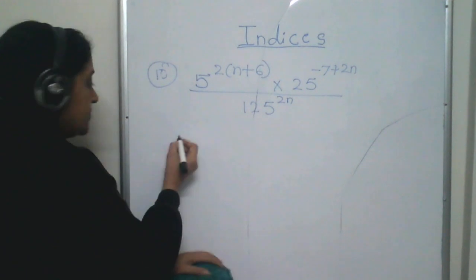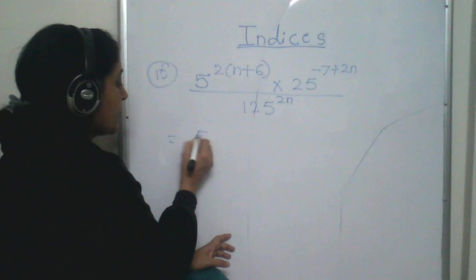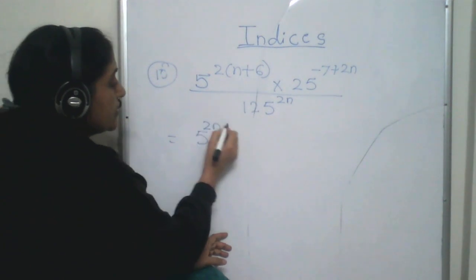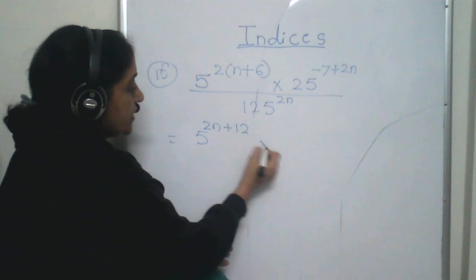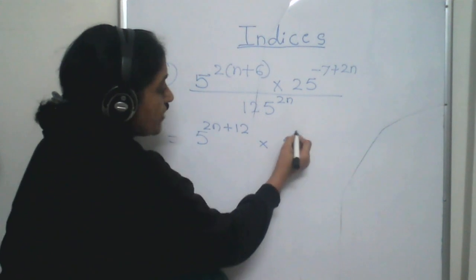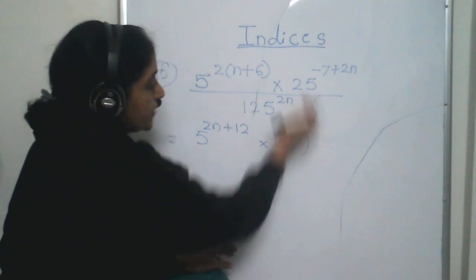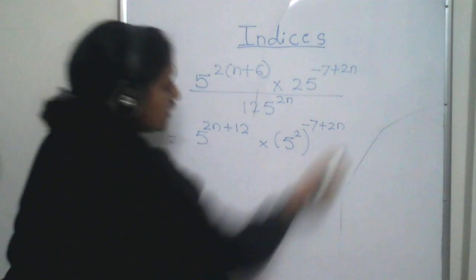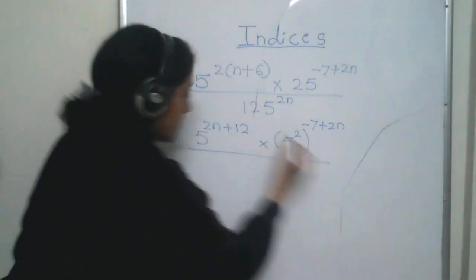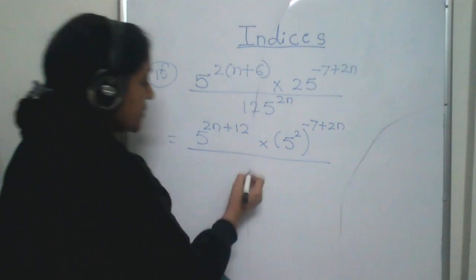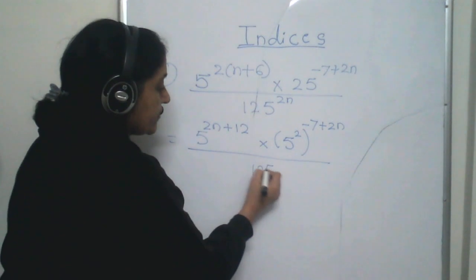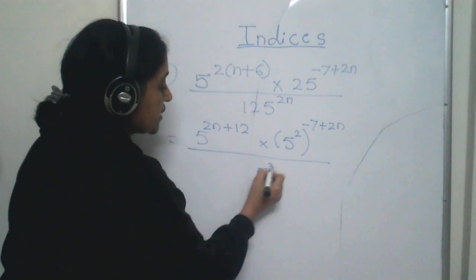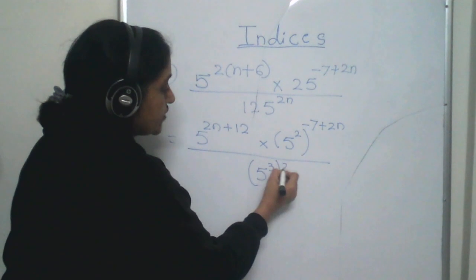What do I mean? Check here. 5 to the power, first you can multiply this inside because it is 2n plus 12, into 5 to the power 2, which is 25, raised to the power minus 7 plus 2n. Now here in the denominator also, first I'll write 125 as 5 to the power 3, raised to the power 2n.